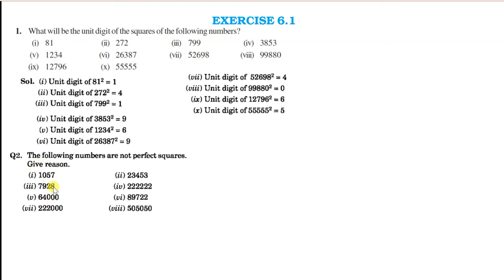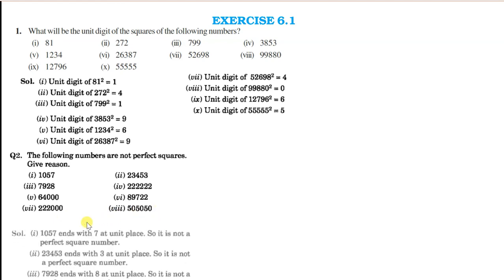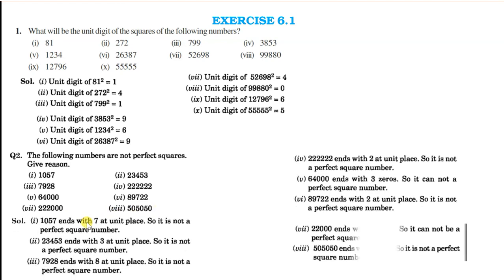In the first part we have 7 in the unit place. In the second it is 3, here 8, and in the fourth and sixth parts we have 2. So these numbers are not perfect squares. In the fifth, seventh and eighth parts, we have an odd number of zeros at the end. So it will not be a perfect square number.